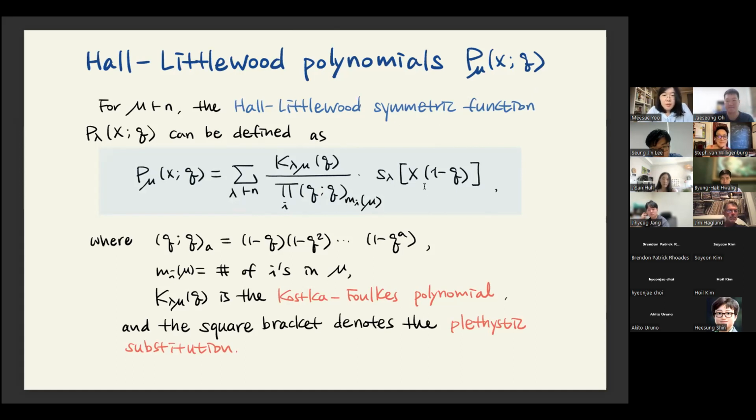So this is the original Hall-Littlewood symmetric function, which can be defined as a summation of Kostka-Foulkes polynomials divided by this product symbol times the modified Schur function. This is a Schur function with plethystic substitution x times (1-q). So let's just define the Hall-Littlewood polynomial in this way.